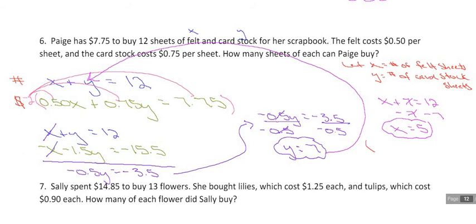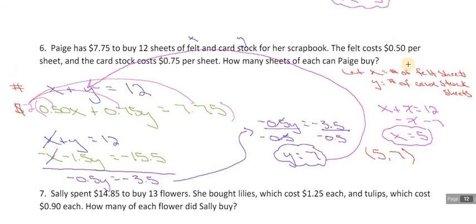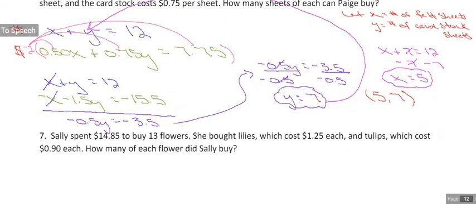So I have my ordered pair solution, but I've got to make sure I answer the question with respect to this ordered pair and the word problem. So how many sheets of each can Paige buy? If we use our let statement, where x represented number of felt sheets and y was the number of sheets of cardstock, that means she could buy 5 sheets of felt and 7 sheets of cardstock.